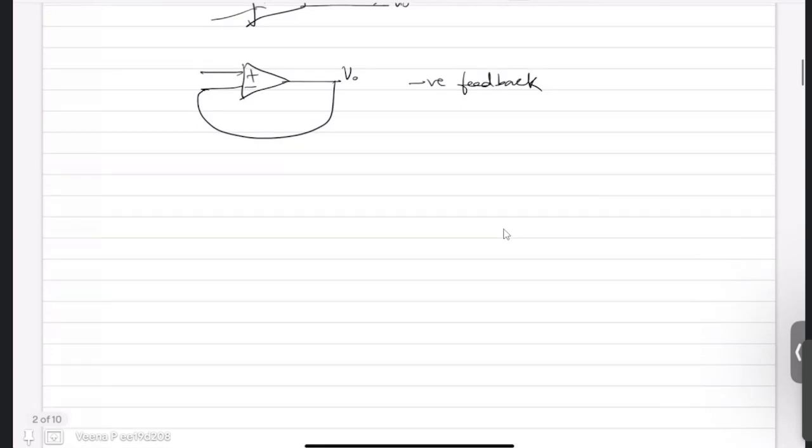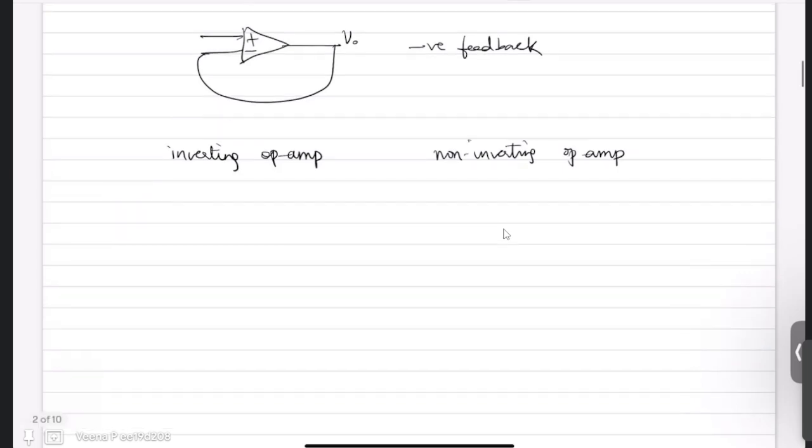So, there are basic two circuits. One is the inverting op-amp and non-inverting op-amp. These are two basic circuits of an operational amplifier which you should be aware of. How you solve this circuit? By learning how you solve this simple op-amp circuit, you can solve most of the op-amp related problems.